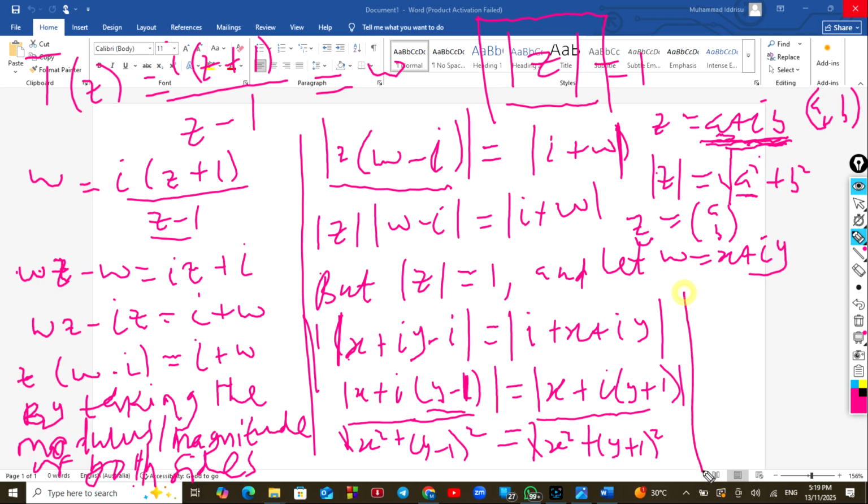So this will lead us to, if we square both sides, both have the square root, so if we square both sides, we have x squared plus, let's just simplify this, y minus 1 squared. If we are simplifying, we square y, so we have y squared minus 2 times y times 1, so minus 2y, plus 1 squared, which is 1.